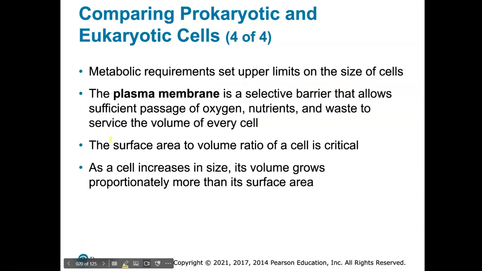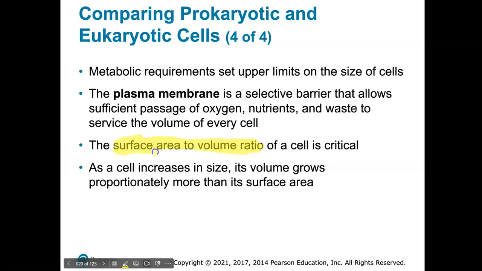So I'm going to talk to you real quick about the surface area to volume ratio of cells. You may realize, hopefully, that no matter how big they are, cells are still small. So why do cells have to be so small?